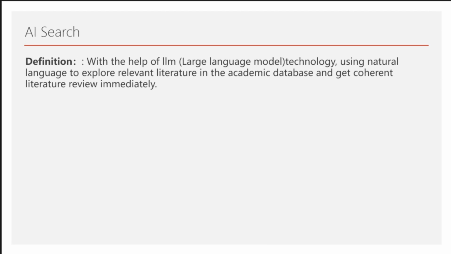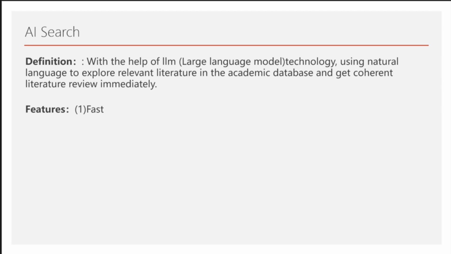Let's begin with AI search. Its definition is, with the help of LLM, that is, large language model technology, using natural language to explore relevant literature in the academic database and get a coherent literature review immediately. AI search is, first of all, fast, which mainly relies on natural language and doesn't require specific knowledge to build a sophisticated query.